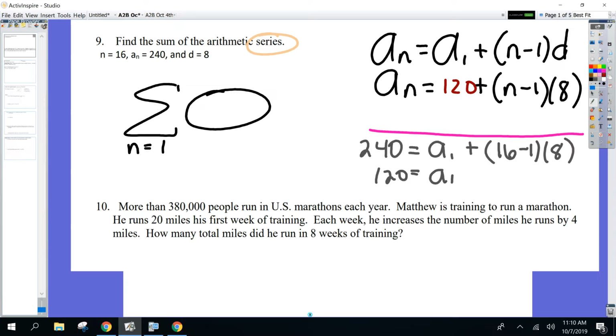Go back. Plug it in up here. 120. And you guys know, what do I always ask you to do here before we stop? What do I need you to do here? Clean it up. Distribute the 8. Add the 120. Go ahead.